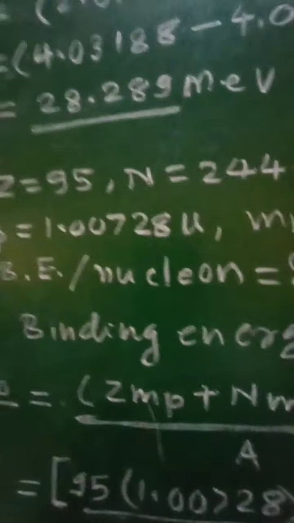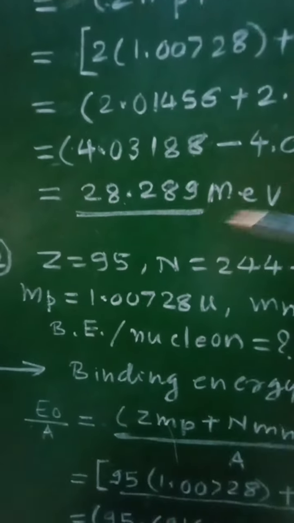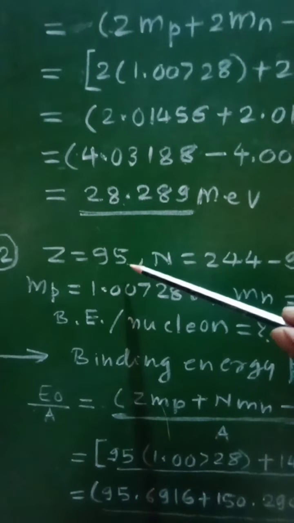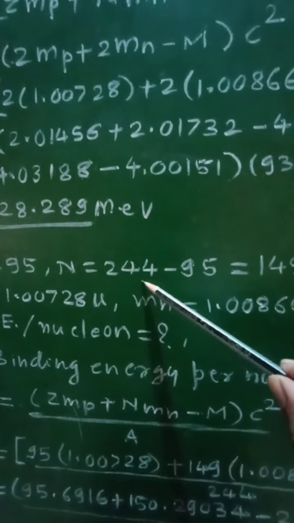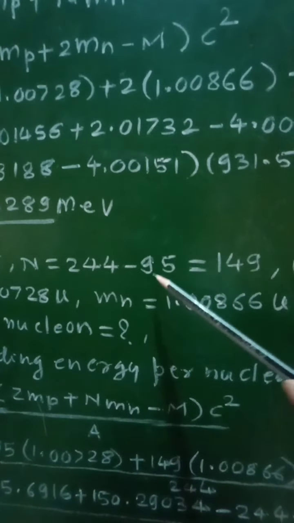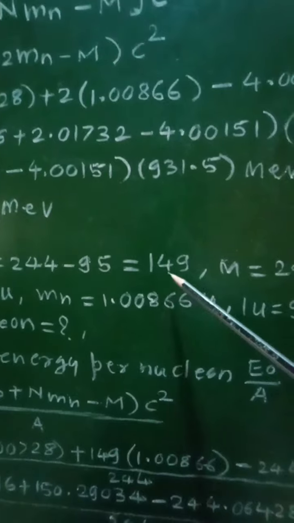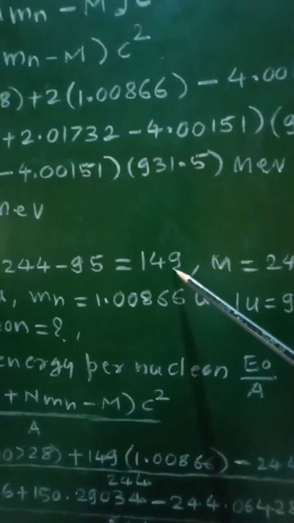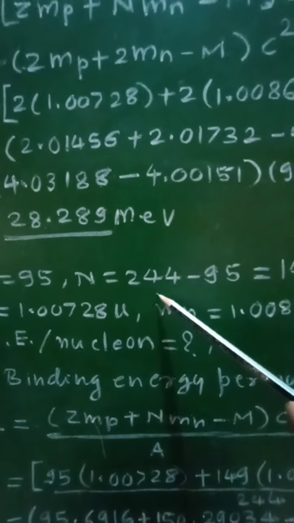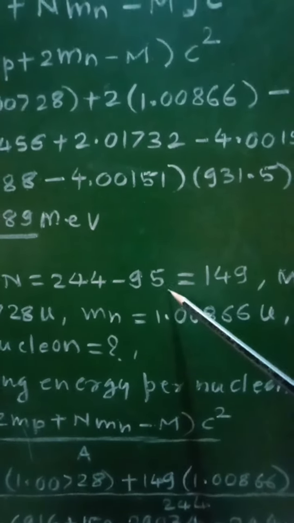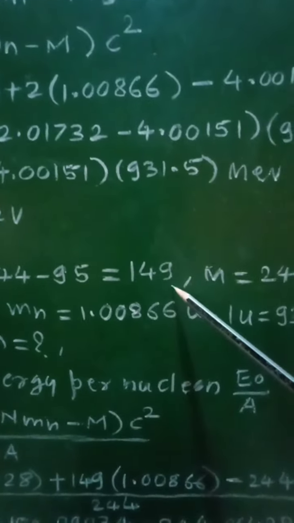Therefore the given data is here: Z is equal to 95, N is equal to 244 minus 95, that comes out to be 149.